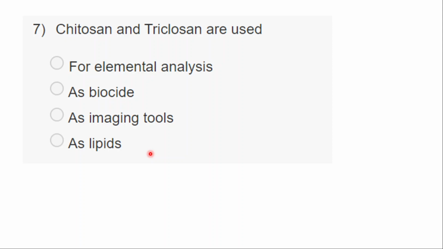Okay. Abhinav says B as biocide. Preeti Singh 4. Janish, Gaurav, Roshan, Pritika, Umar, oh most people, Ganeshan, Anuradha, Abhirami, Shurbi, Aditi are all saying B, but some people also answered as lipids.